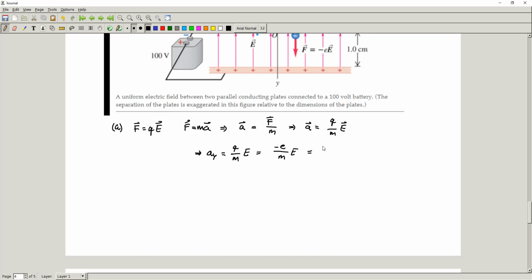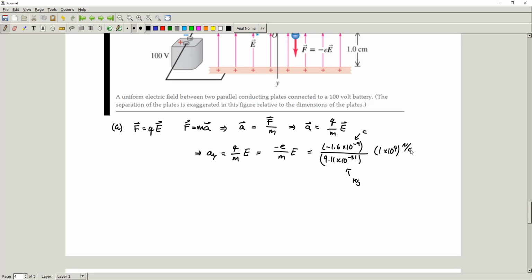We end up with minus 1.6 times 10 to the minus 9 over our mass, which was 9.11 times 10 to the minus 31. So this would be in coulombs, this would be in kilograms, and our electric field is 1 times 10 to the 4 newtons per coulomb, right?